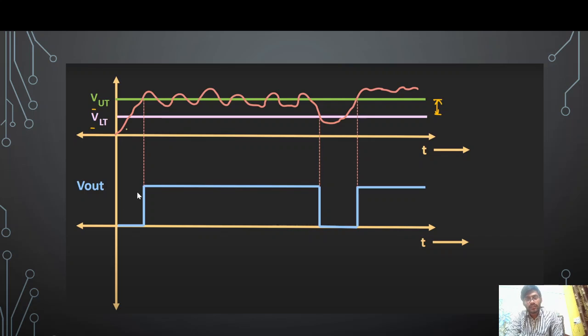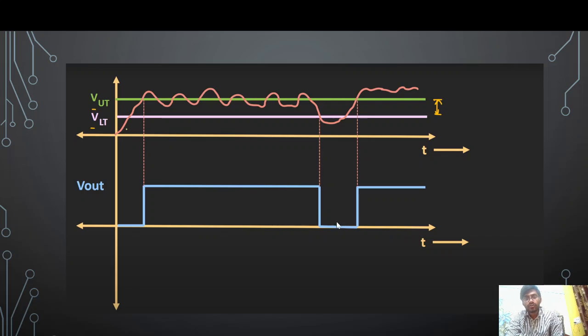If you observe here, once the input signal crosses the upper threshold, then even if it deviates around this upper threshold voltage, our output signal will remain high. It will go low only when our input signal goes below the lower threshold voltage, and at this point once again our output will become low.